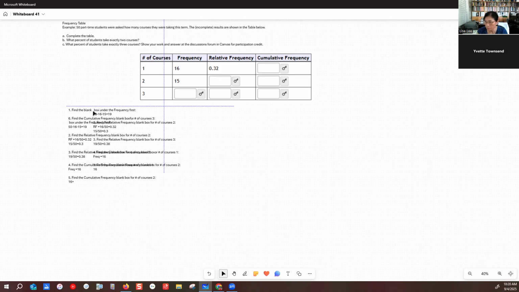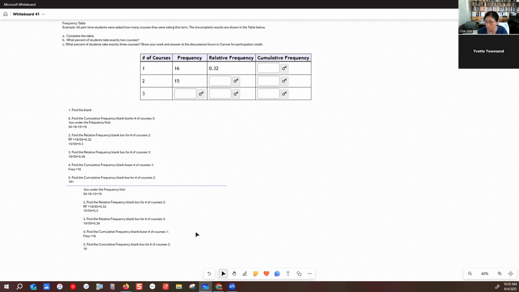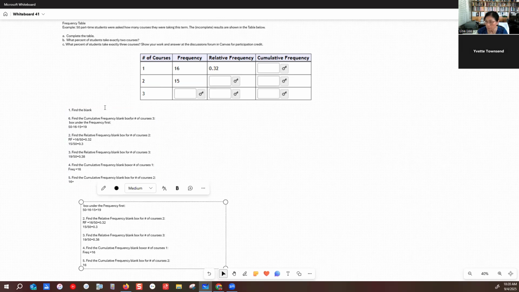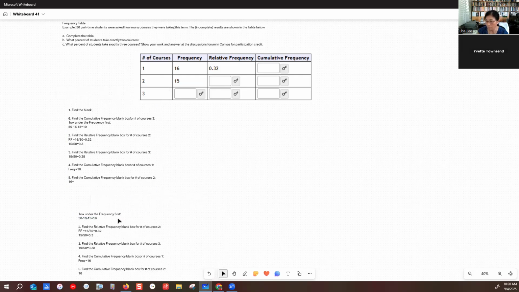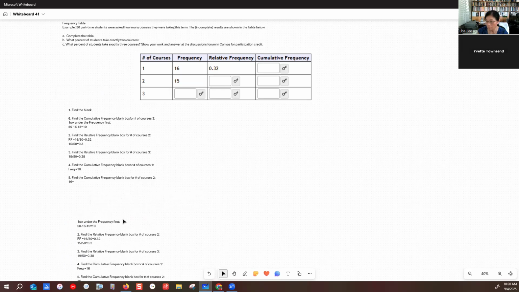How come it jumps around? Let me fix it. Okay. The blank box under the frequency.